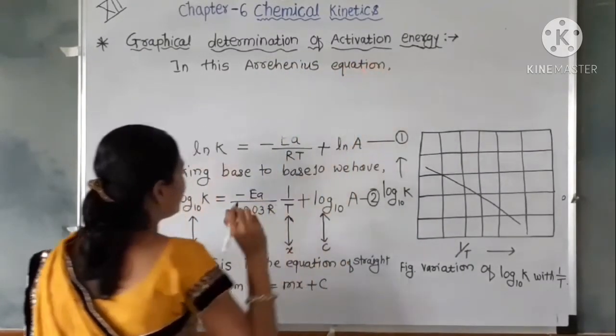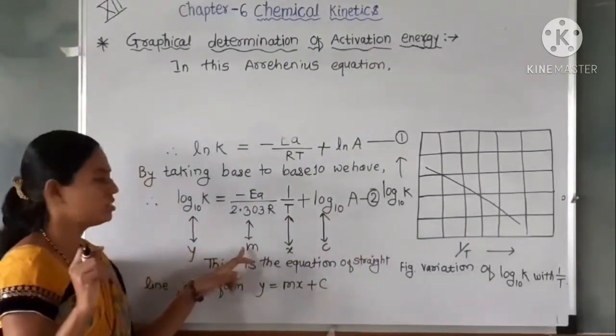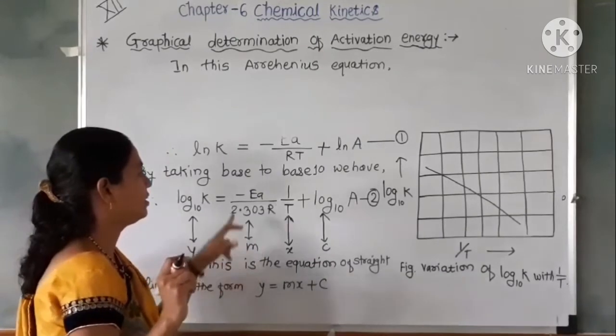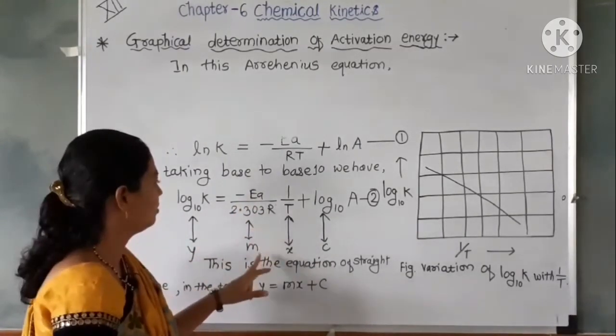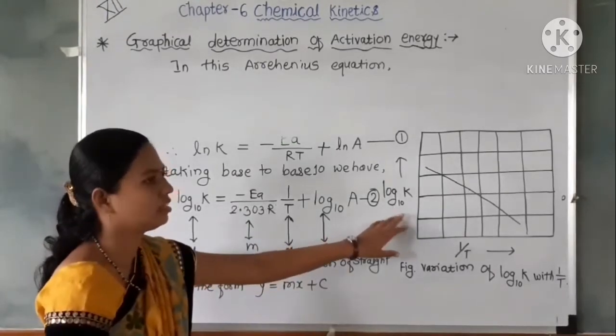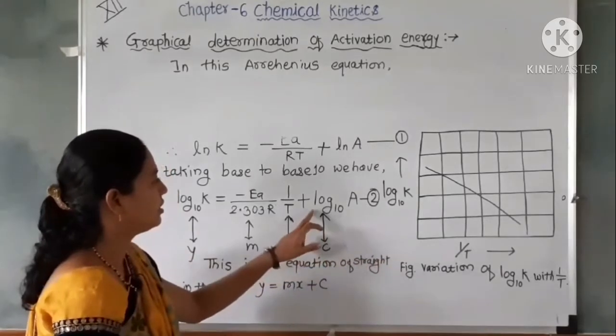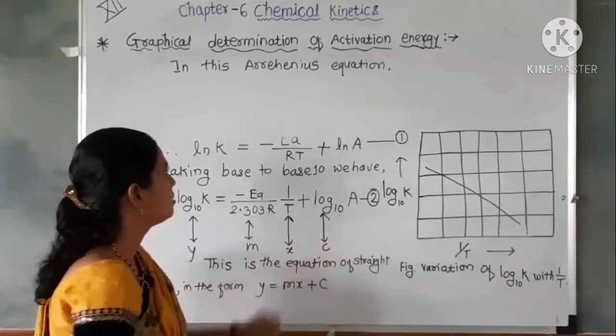The slope of this straight line, m, is minus Ea upon 2.303 R. In y is equal to mx plus c, the intercept on the y axis is log to the base 10 A, which is c.